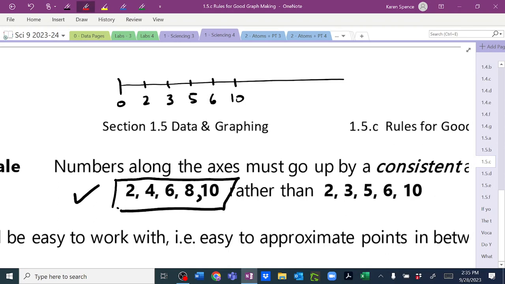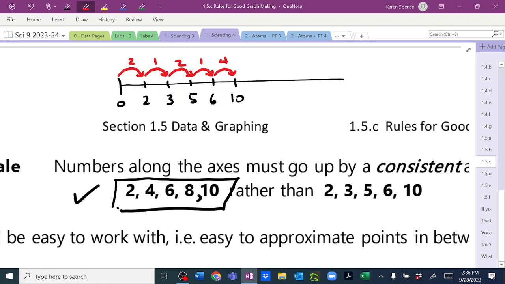Why is it painful? How much is this? That's 2. And then the same distance is now worth 1, and then it's worth 2, and then it's worth 1, and then my gosh, now it's worth 4. So this is inconsistent. You can't do that. You have to always have something along the lines of count by 2s, 2, 4, 6, 8, 10.